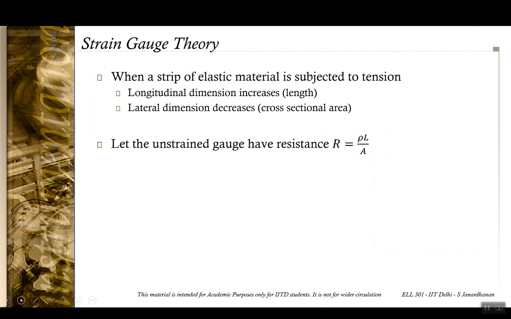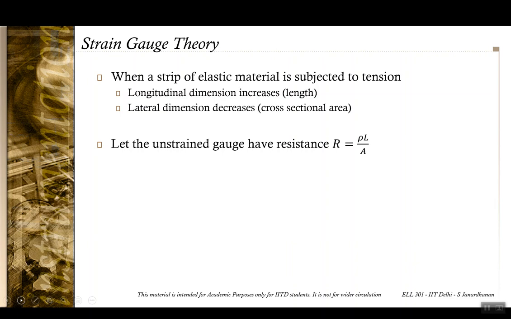Okay, so to be able to make use of how the resistance changes and to relate it to the strain, we should go into the mathematical relationship between the strain and the change in resistance.